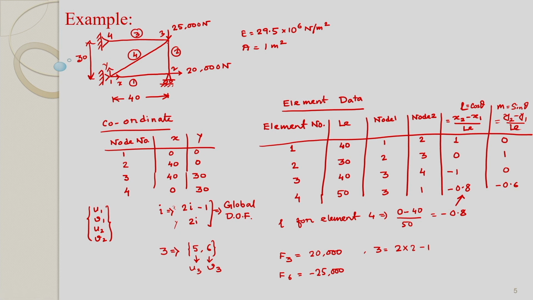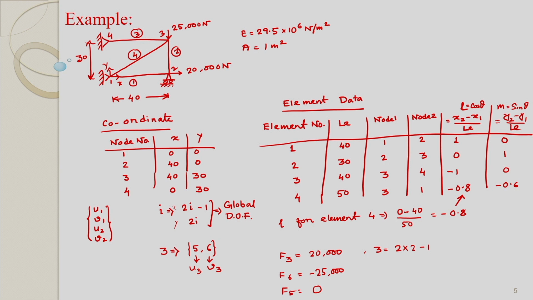This sign is according to our coordinate direction, because it is in negative y direction. So, minus 25,000. Also, here F5, that is x direction, there is no force on fifth node, also it is free. So, F5 is 0, that is in x direction for node 3.